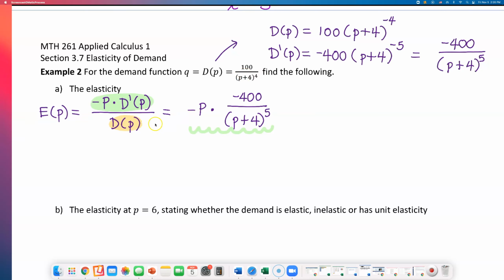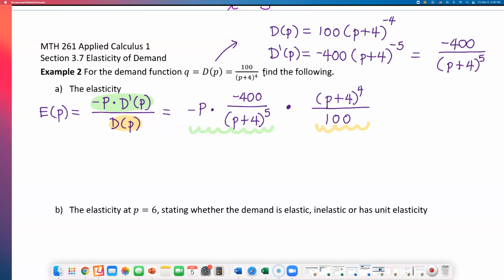So instead of dividing a fraction, let me do keep, change, flip. Instead of dividing, I'm going to multiply by its reciprocal. I will flip this and get (P plus 4) to the 4th power on top and 100 in the bottom of the fraction, because that's how you divide fractions. You keep, change, flip.